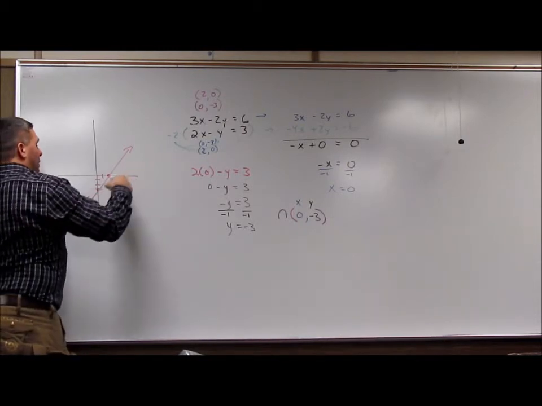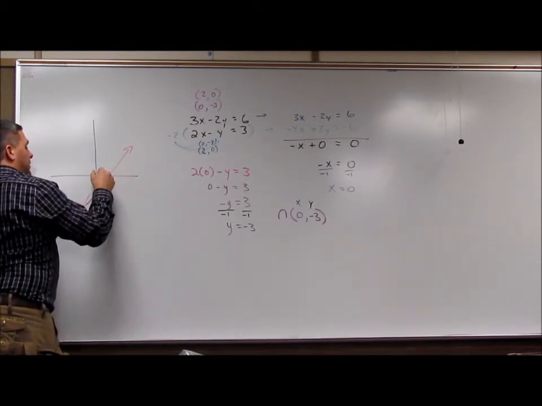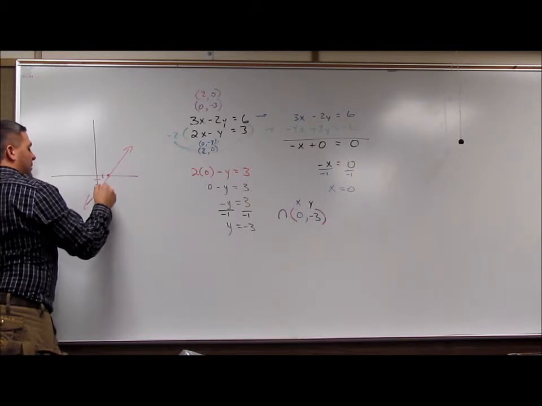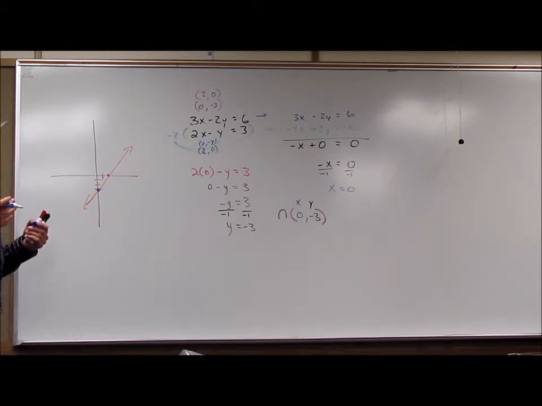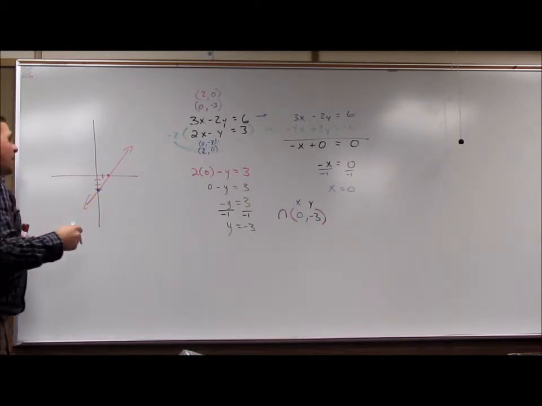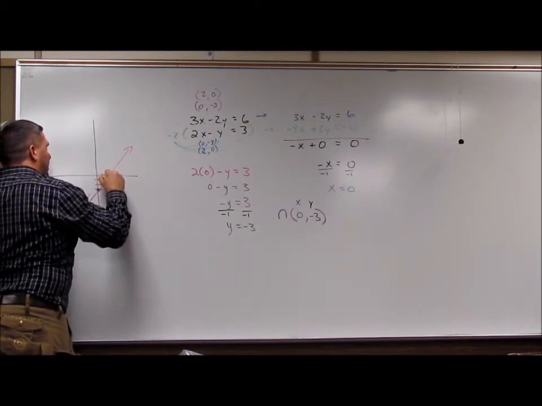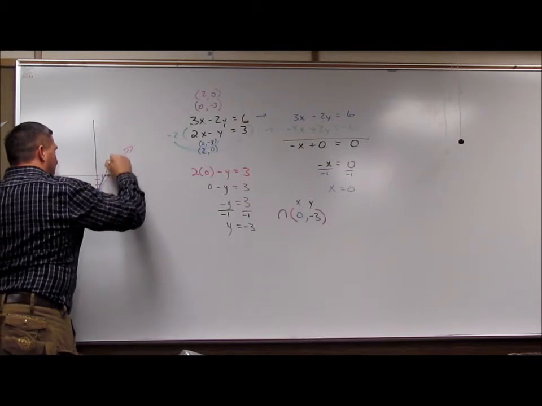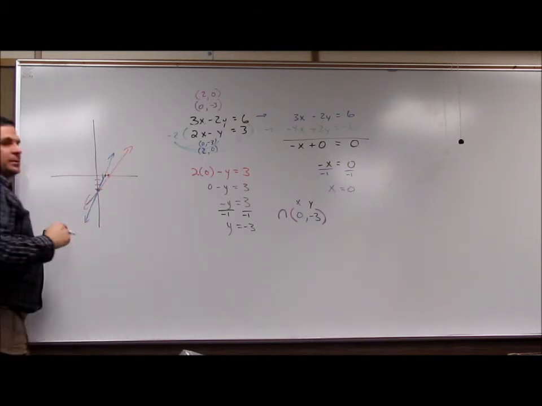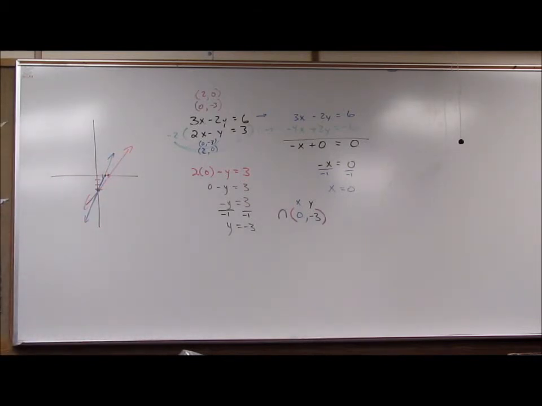So the blue is going to be 0, negative 3. That one sits on top of that red dot. The other one is 1.5, which is right there. And so this line looks like this, and that's how they cross. And that's linear combination.